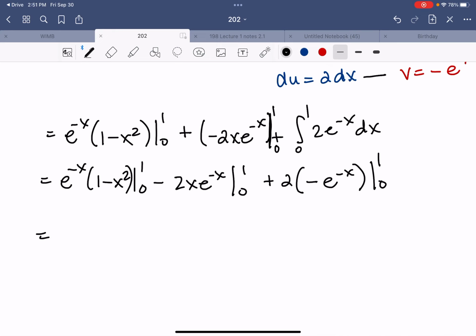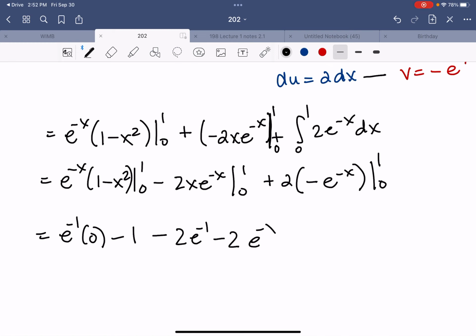So let's see, if we plug in 1, that's e to the minus 1 times 0, minus e to the 0 is 1 times 1 minus 0 is 1. When we plug in 1 here, that's going to be 2e to the negative 1. And when you plug in 0 for the x, that term goes away. In the third one, when you plug in 1, that's going to be negative 2e to the negative 1.